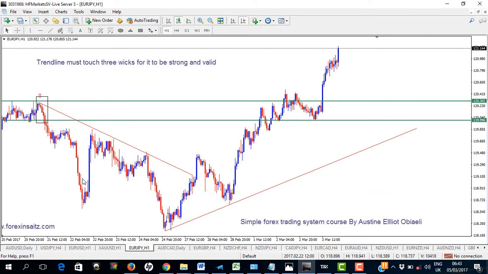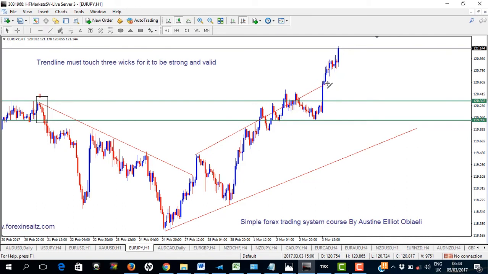Now, when drawing a trend line, we want to draw it according to slope. From the peak down to the valley, or we take it from the valley up, taking it higher. For a bullish trend line, we want to make use of the lower lows. When a lower low is printed, we draw our trend line to it.